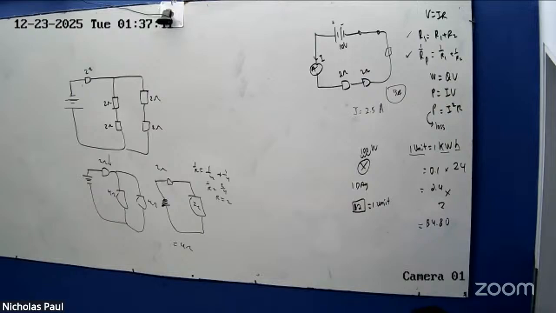Everybody get that right? 151, okay. 0.7.